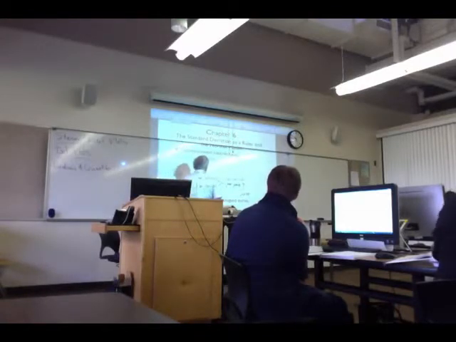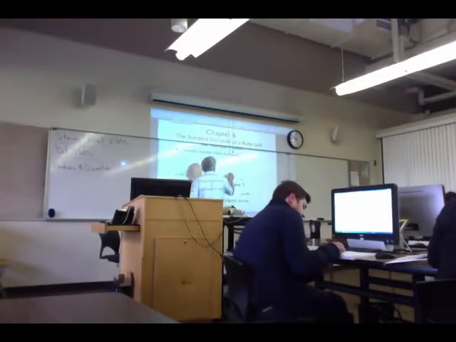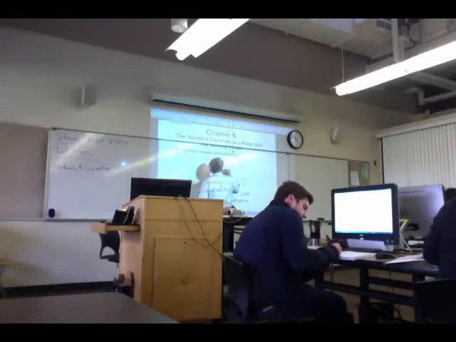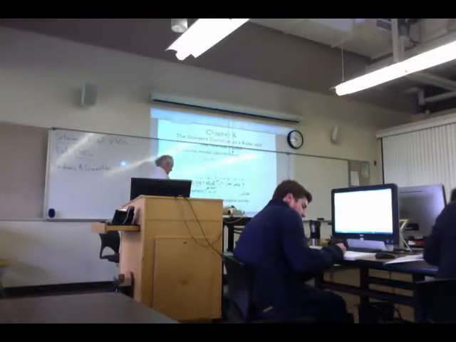Now, if I draw, say, line segments at mu minus sigma and mu plus sigma, this area right here is 68%. That's where this comes from right here.